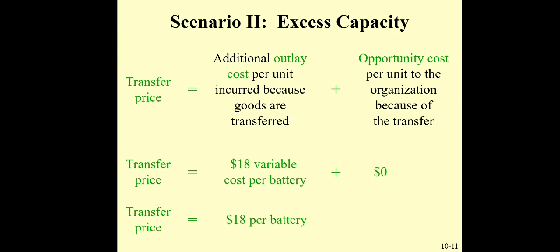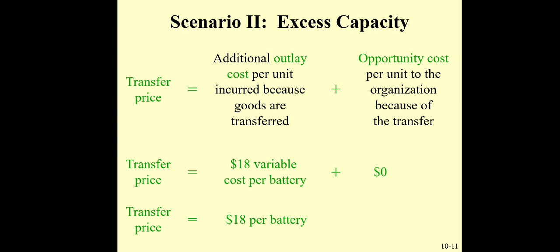Why is there 0 opportunity cost? Because remember the scenario now is the battery division has excess capacity. The battery division can produce 300,000 batteries, but now it is producing only 150,000 batteries. The excess capacity is 150,000 units.